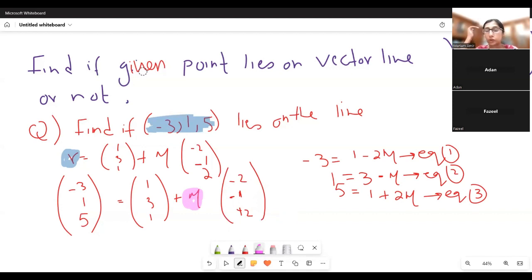2, 2. So you get mu equals 2 for all three of them. Mu equals 2, mu equals 2, and mu equals 2.